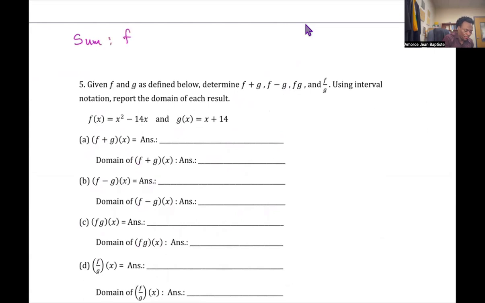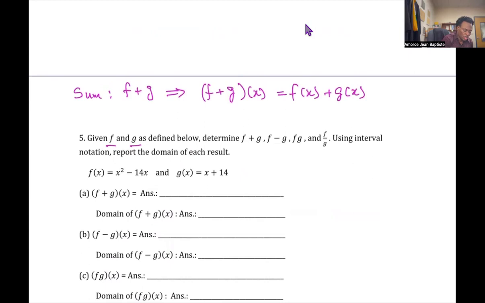So if I have two functions f and g, the sum would be f plus g, which is defined by (f plus g)(x) equals f of x plus g of x. That's the sum. We go to this page to write down the rules.